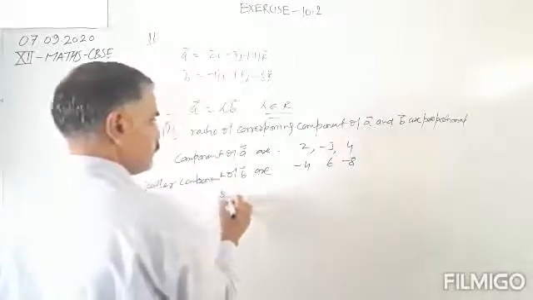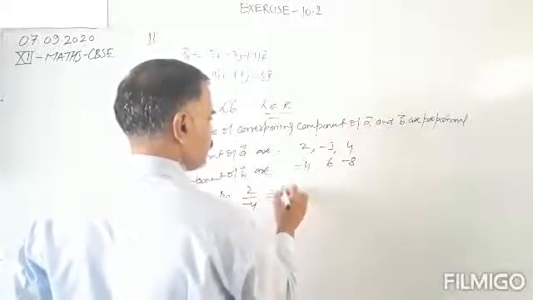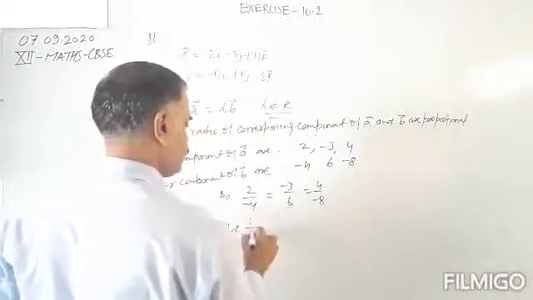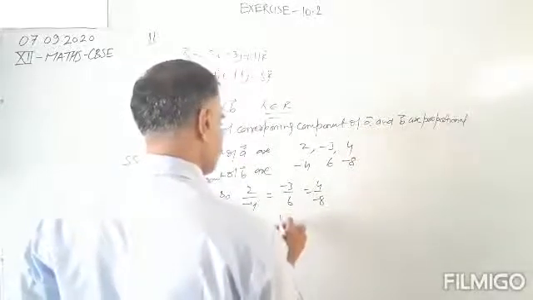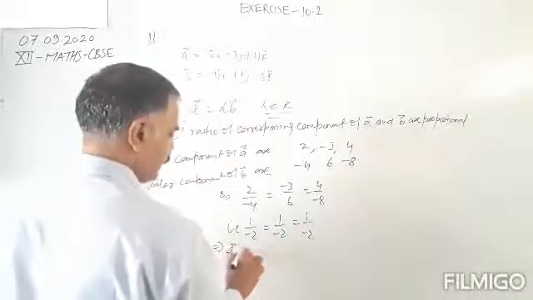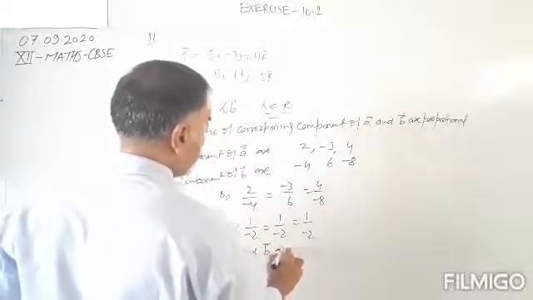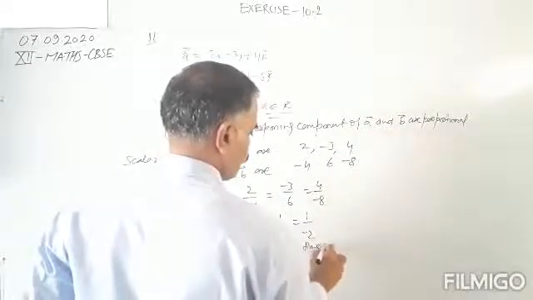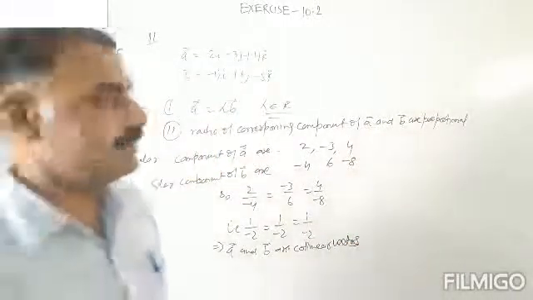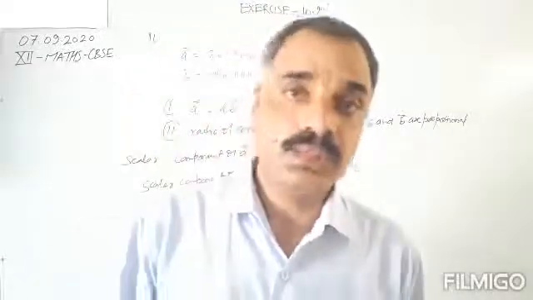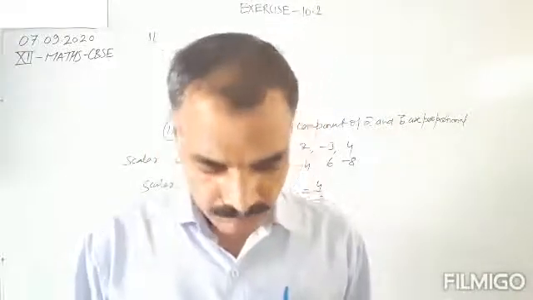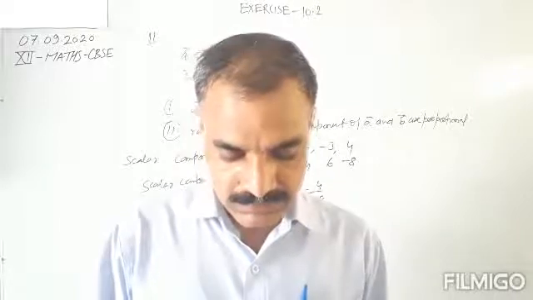So 2 upon -4 is equal to -3 upon 6 is equal to 4 upon -8, that is 1 upon -2 is equal to 1 upon -2 is equal to 1 upon -2. This implies that a vector and b vector are collinear vectors. So in this way we can show that the vectors are collinear using the components of vectors.